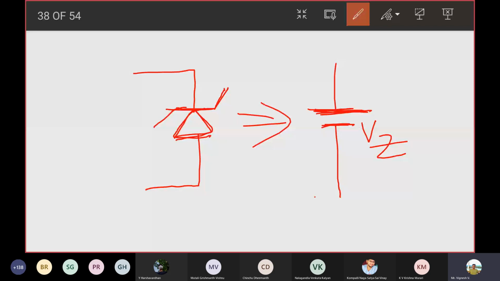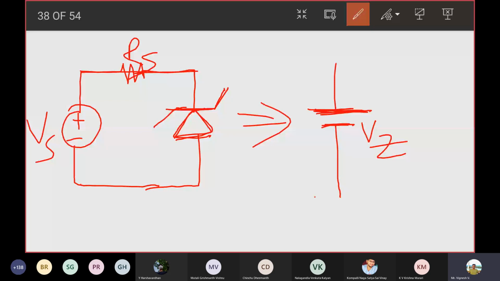Okay, so whenever you are connecting a voltage source, say Vs, to your Zener diode, maybe through a resistor RS, and if Vs is greater than the Zener voltage Vz, then the voltage across the Zener diode is Vz.